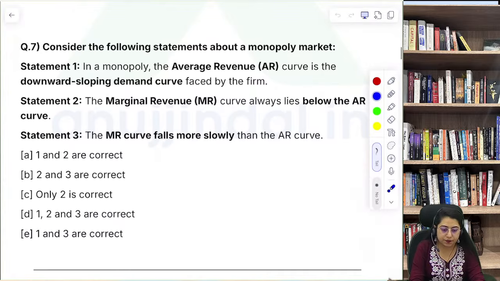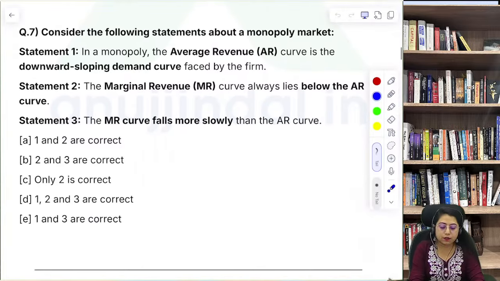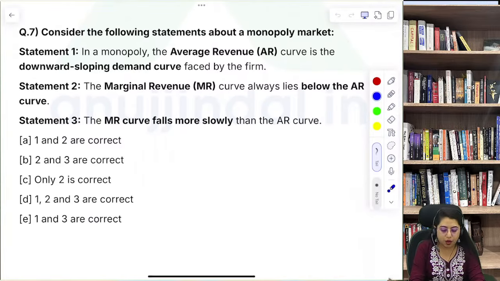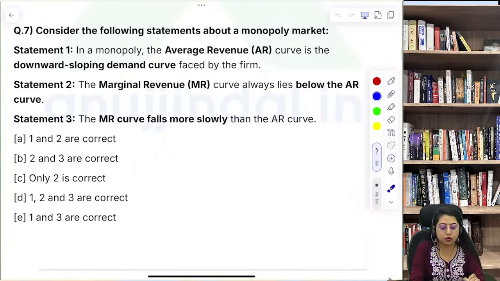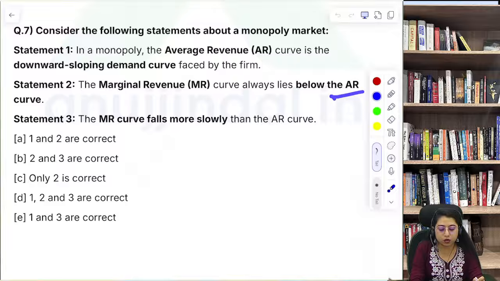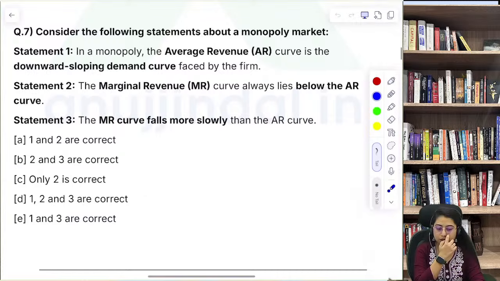Okay. Consider the following statements about the monopoly market. Statement number 1. In a monopoly, the average revenue curve is the downward sloping demand curve faced by the firm. The marginal revenue curve always lies below the average revenue curve. The marginal revenue curve falls more slowly than the AR curve. What is the right answer over here?